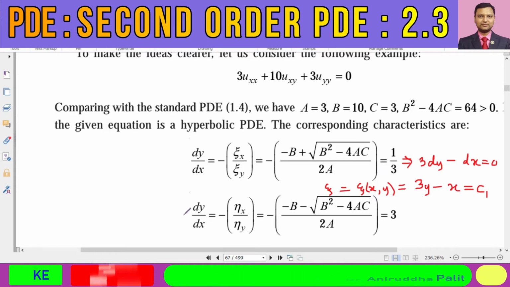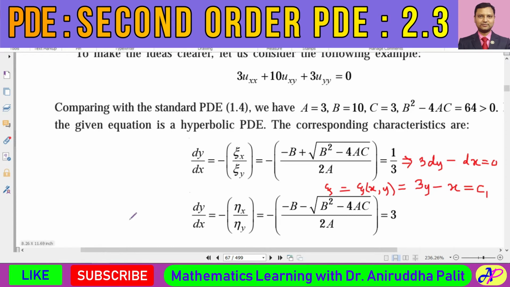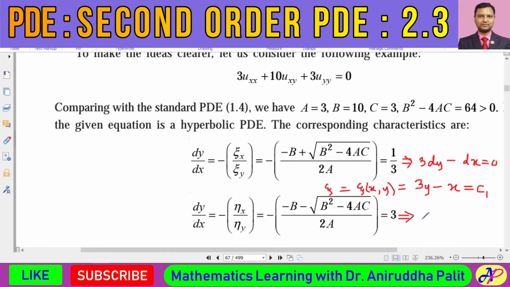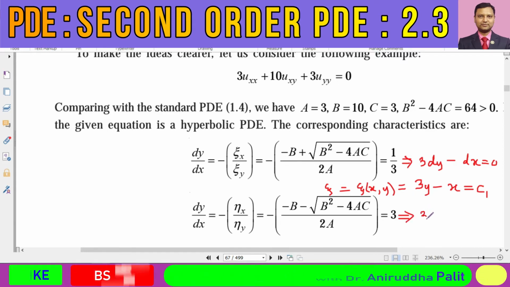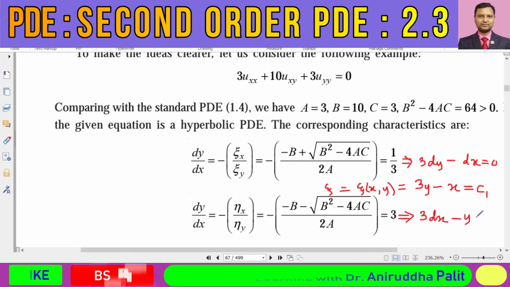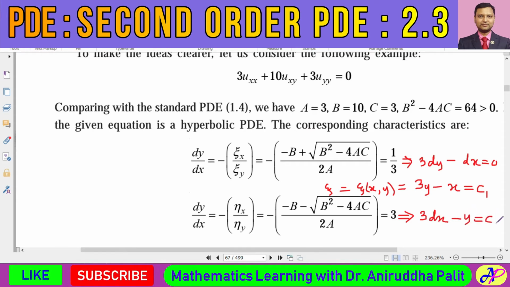Similarly, if we consider the second differential equation, it can be written as 3 dx minus dy is equal to 0.